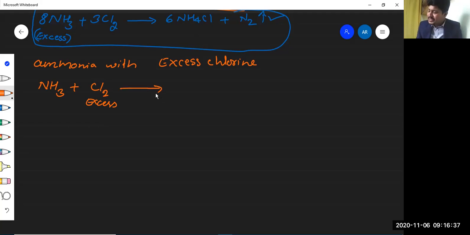You already observed the chemical reaction taking place in the test tubes. It is highly exothermic. Ammonia reacts with the excess chlorine and produces HCl and the NCl3 compound, which we call nitrogen trichloride.